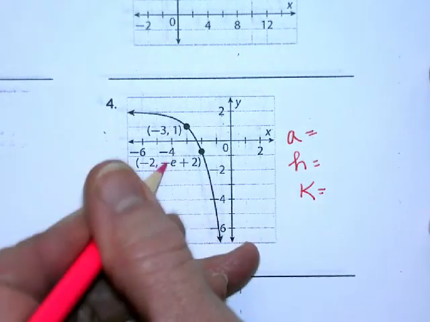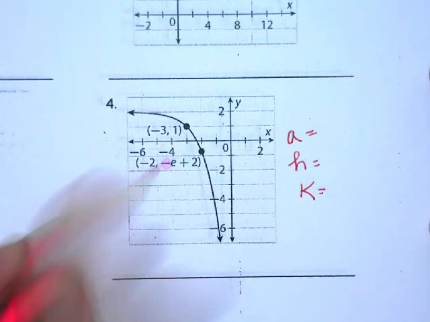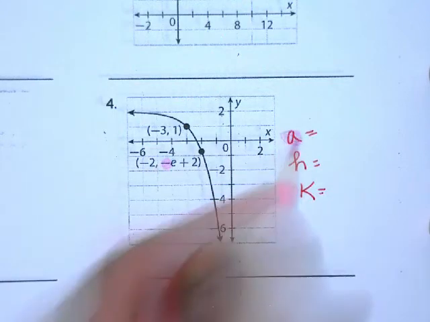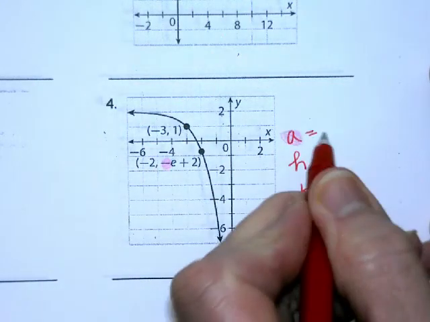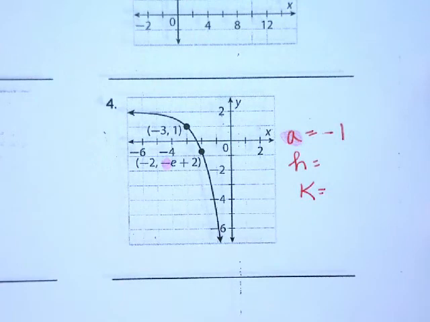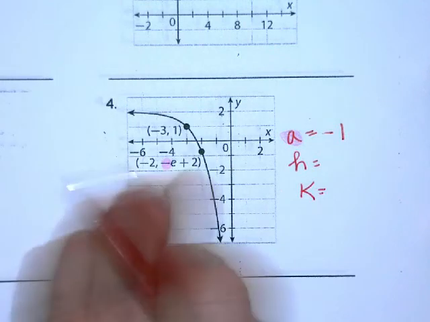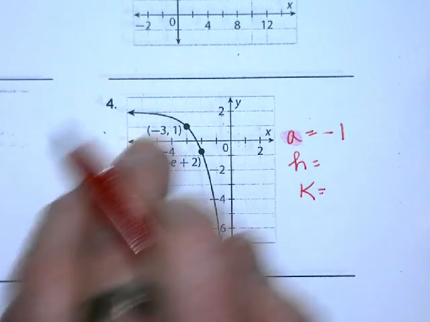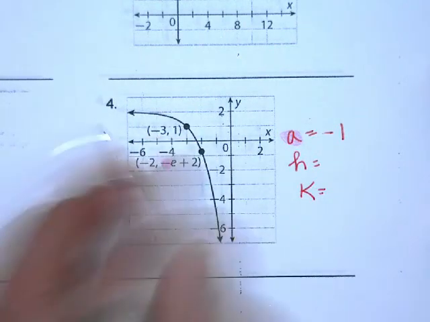So a is pink. It's the multiplier in front of e. So a is a negative 1. That's where we find a, the multiplier of e. These are kind of all squished together. But here's the second reference point. Here's the first reference point.